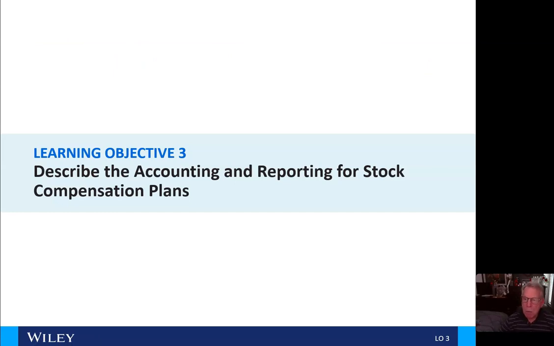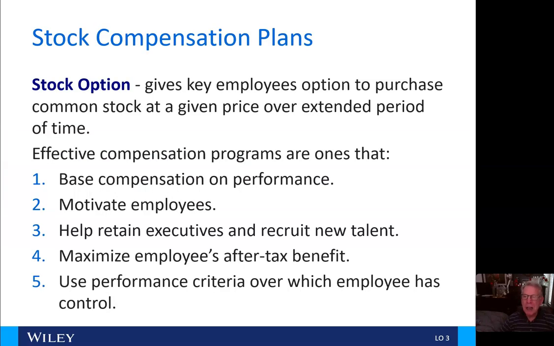Okay, now we'll move on to our learning objective 3, where we're going to be describing the accounting and reporting for stock compensation plans. These are very interesting, I think, from the standpoint of those of us that have had stock compensation plans. We always look forward to that. A stock option, an important definition here, gives key employees the option to purchase common stock at a given price over an extended period of time.